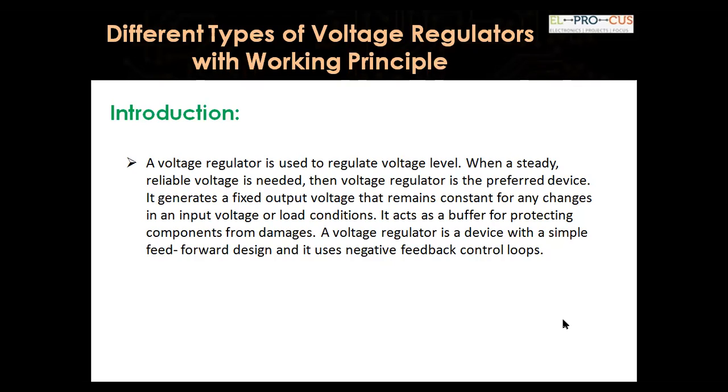In the steady state condition, if we require a reliable voltage level, we can use the voltage regulator because it will give us a constant amount of voltage irrespective of changes in the input voltage or changes in the load condition.